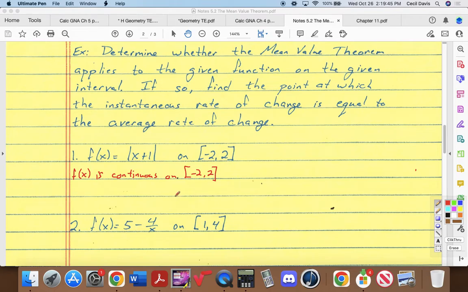So at x equals -1, f is not differentiable. The mean value theorem does not apply.